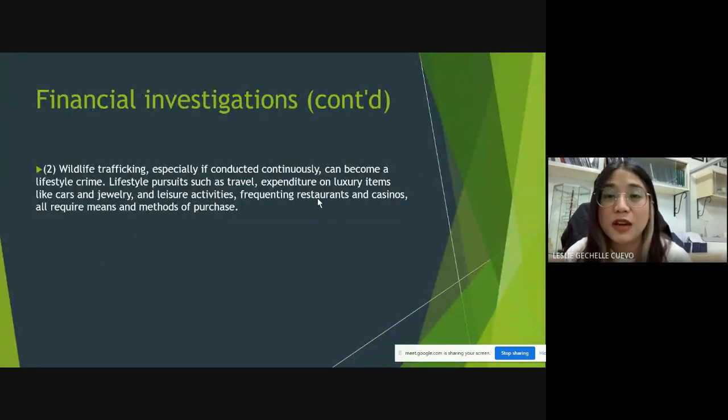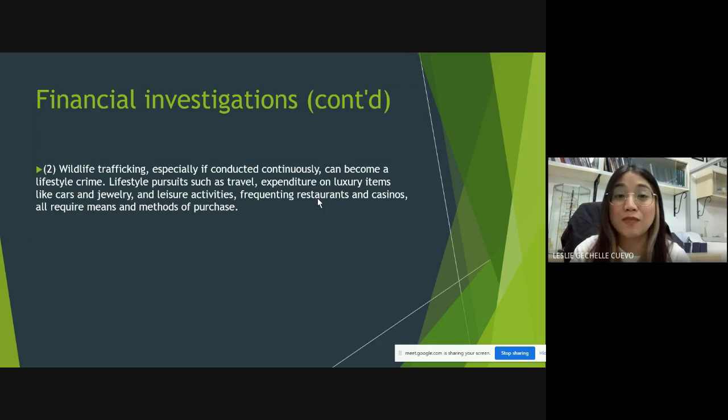Another is wildlife trafficking, especially if conducted continuously, can become a lifestyle crime. Lifestyle pursuits such as travel, expenditure on luxury items like cars and jewelry, and leisure activities, frequenting restaurants and casinos, all require means and methods of purchase. Isang paraan para luminis ang pera, di ba? You buy luxury items. Bili ka ng kotse gawa sa ginto.